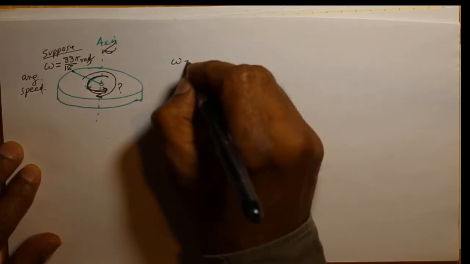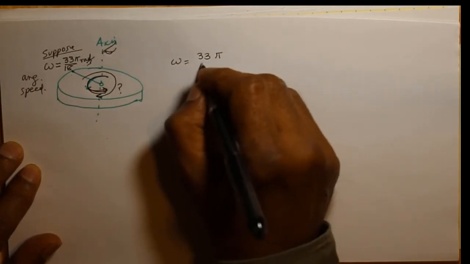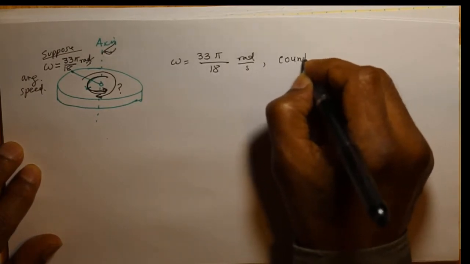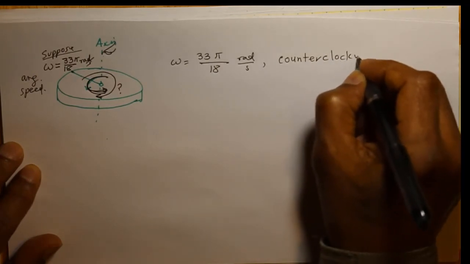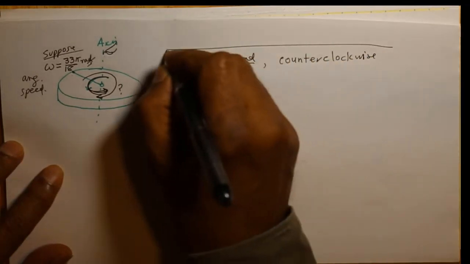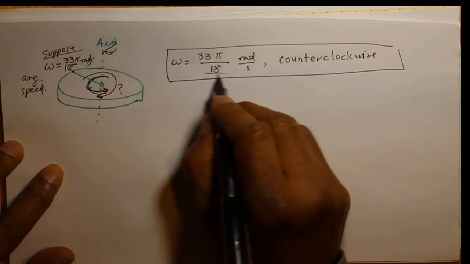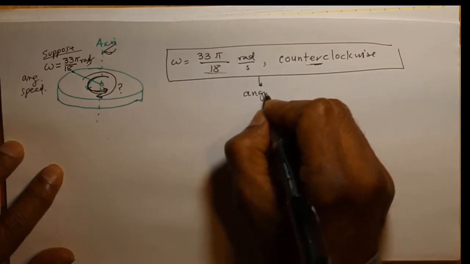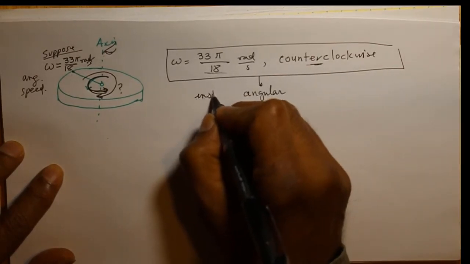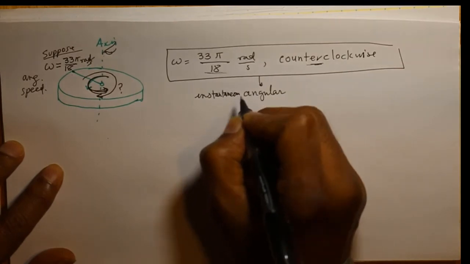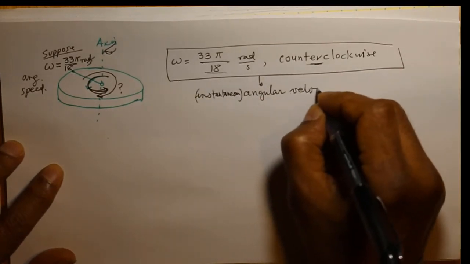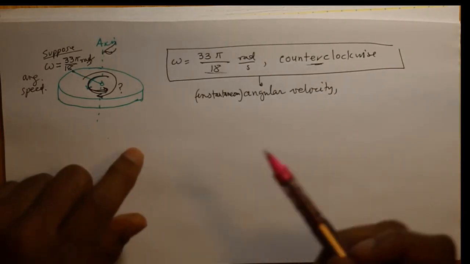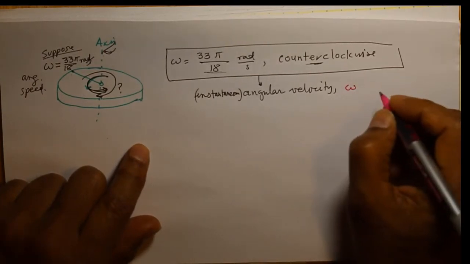So omega equals 33 pi over 18 radian per second, counterclockwise. This full information about the rate and which way it is rotating, we call angular velocity, or instantaneous angular velocity.